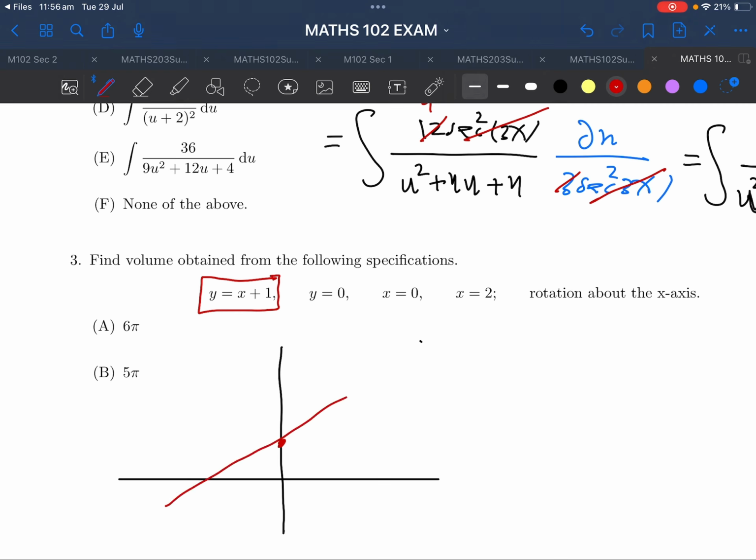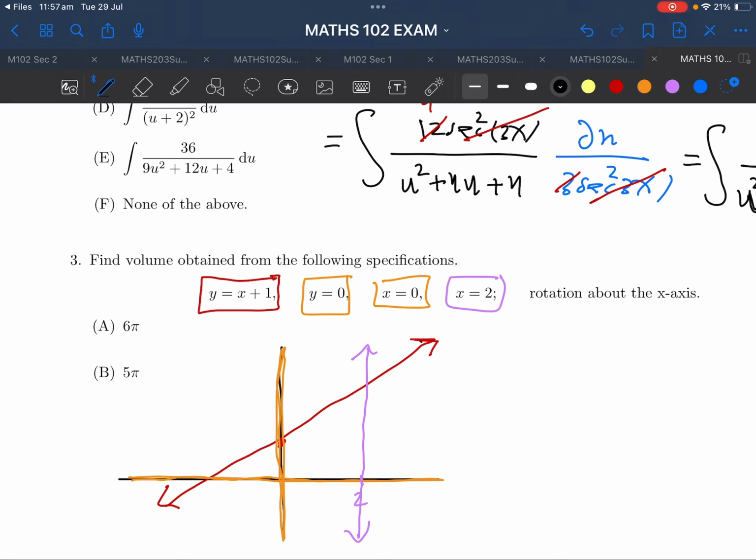So it will look like this. Just a line in that area. Y equal to 0 and x equal to 0, those are the x-axis and the y-axis. How do I know? Because y equal to 0 is a horizontal line at 0. And then we have x equal to 2, which let me do with purple. X equal to 2 is a vertical line here.